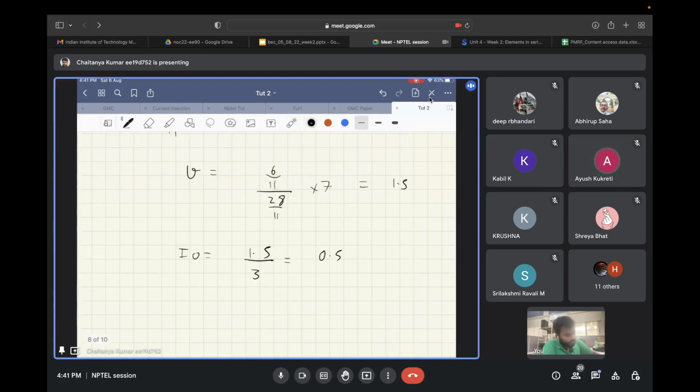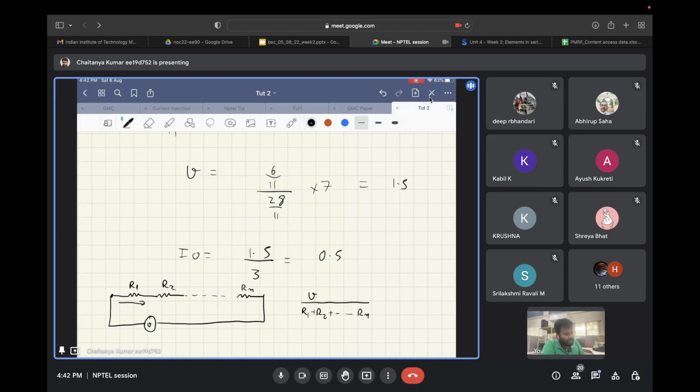Let's generalize it. Let's say we have R1, R2, up to N resistances in series, and a voltage connected to this network. The total current flowing through the complete network will be V divided by R1 plus R2 till Rn.